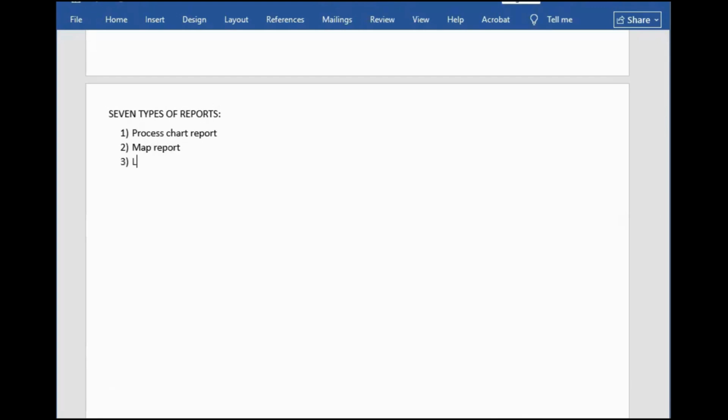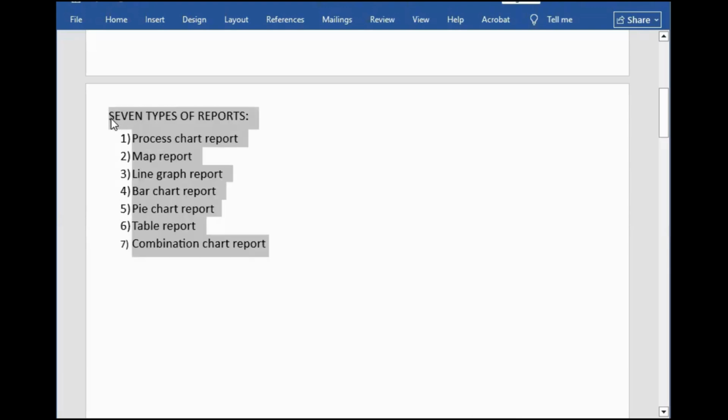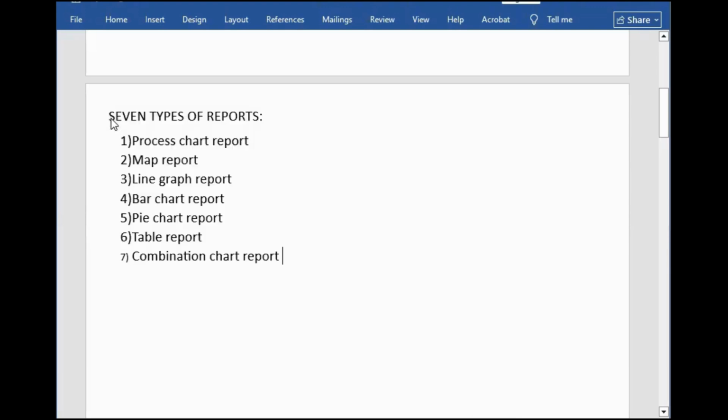Number three is line graph reports. Number four is bar chart reports. Number five is pie chart report. Number six is table report. And then the last one is combination chart reports. So these are the 7 types of reports that IELTS examiners usually give to candidates.